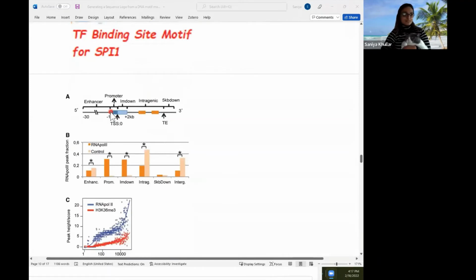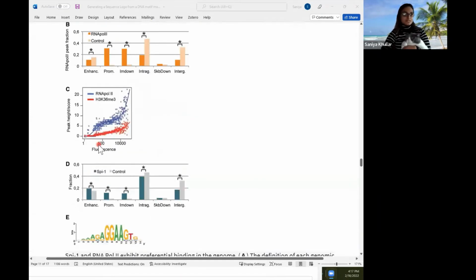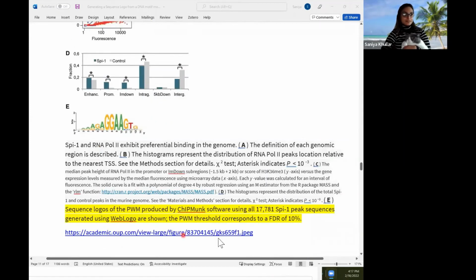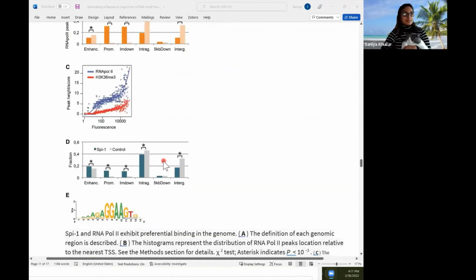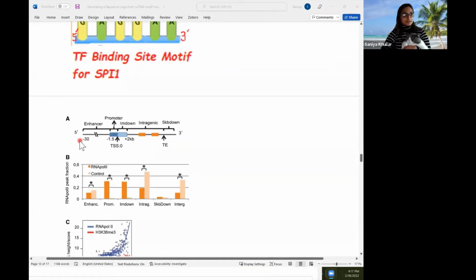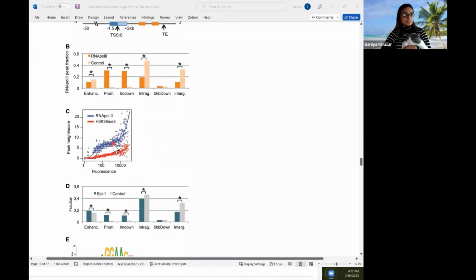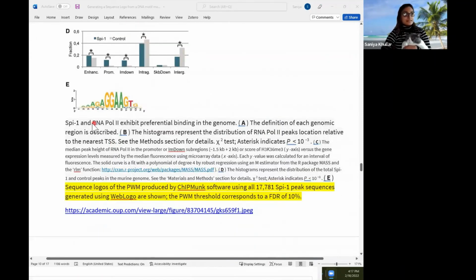And I wanted to show this to you too. This is from an interesting paper, and I've shared the link here. Basically in this paper, they're looking at SPI1, for instance, again, and they're saying SPI1 and RNA polymerase 2 exhibit preferential binding in the genome.